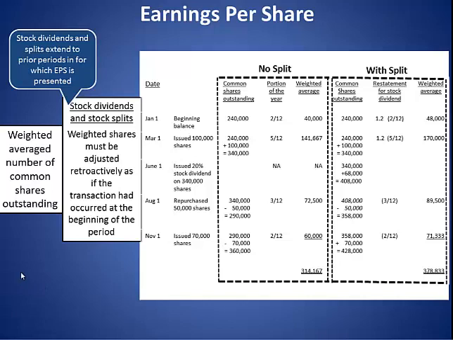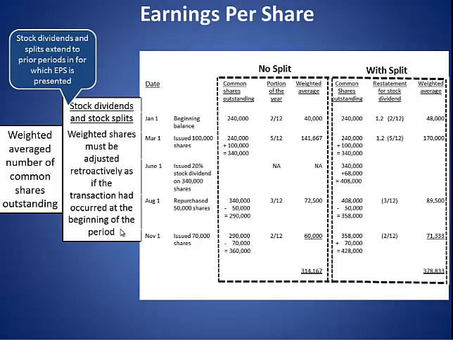Again, we calculate earnings per share based upon the weighted average number of common shares outstanding. However, there are cases where a company will create a stock dividend or a stock split. Under those conditions, weighted shares must be adjusted retroactively, just as if the transaction had occurred at the very beginning of the accounting period.